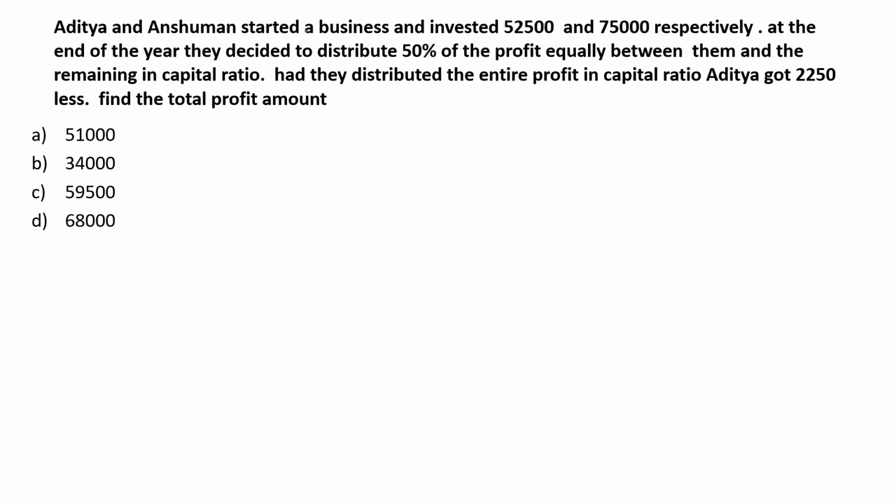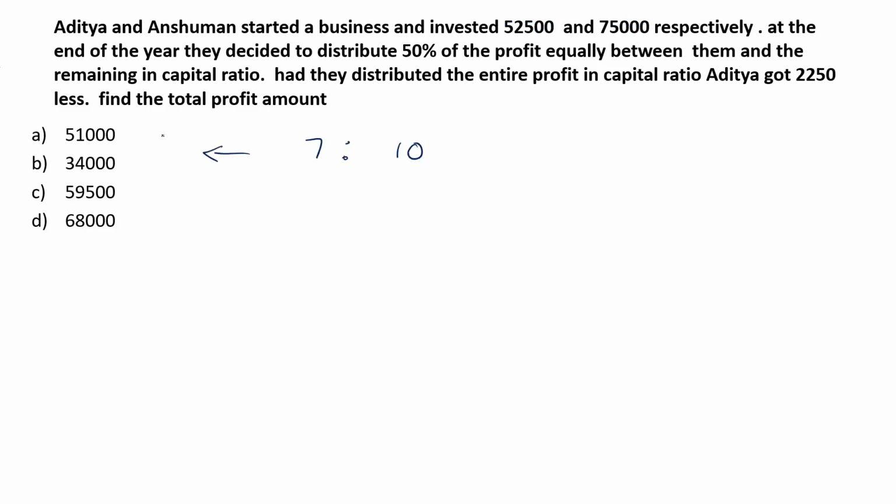Aditya and Anshuman started a business. The investment ratio is 52500 and 75000, and we can take the simplified ratio as 7:10.